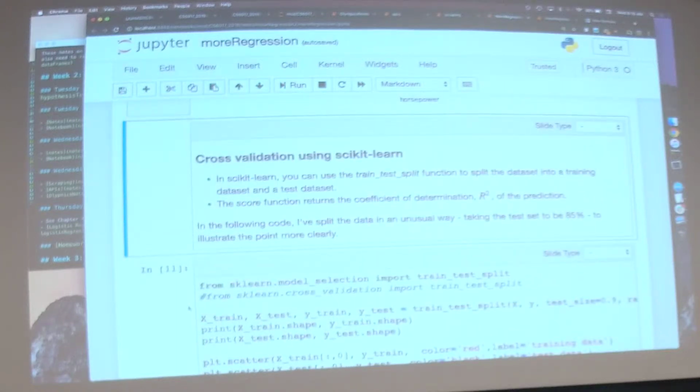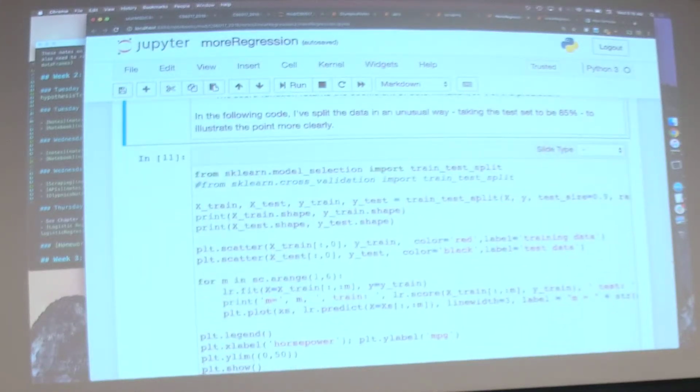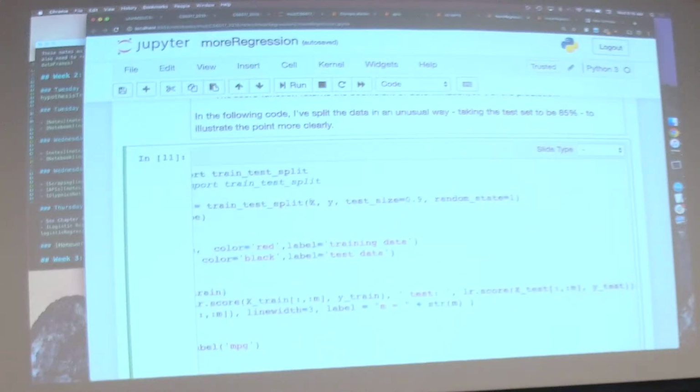Now that we have this set up, we'll look at doing cross-validation. We have this train test split function. These are our x's, our y's, and we're going to set the testing size to be 90% of it. So we're only going to train on a random 10% of the data.